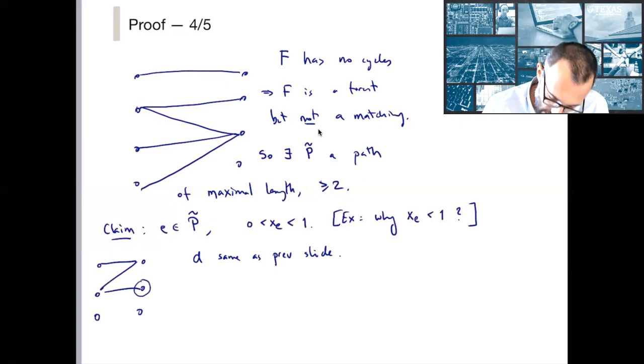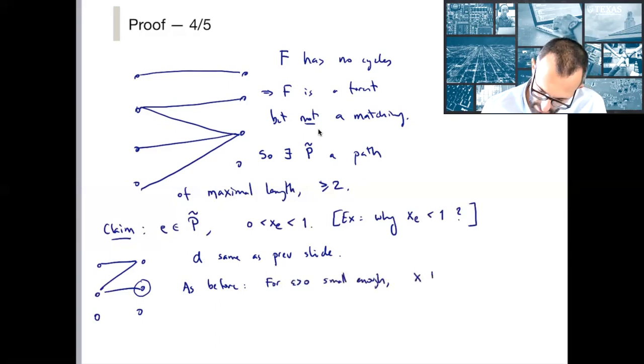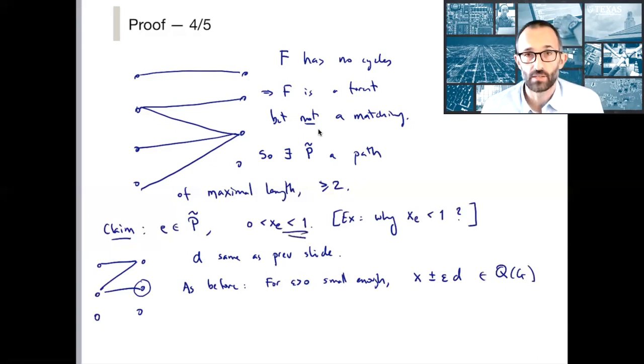Nevertheless, as before, I claim that for epsilon small enough, x plus or minus epsilon d belongs to Q of G. And again, this is because x_e is not only strictly positive, but also strictly less than 1.